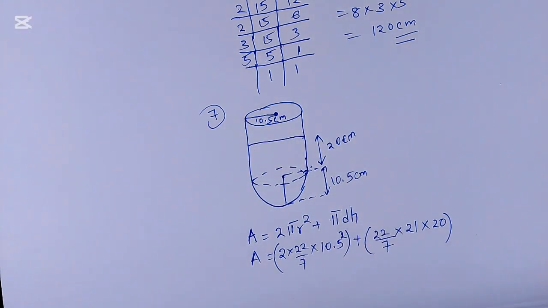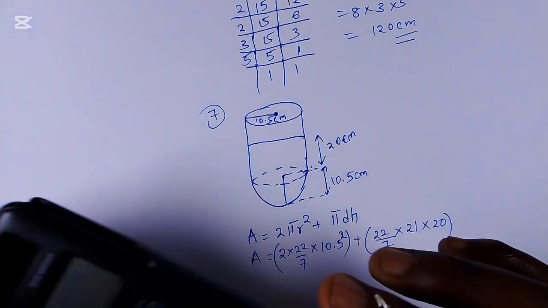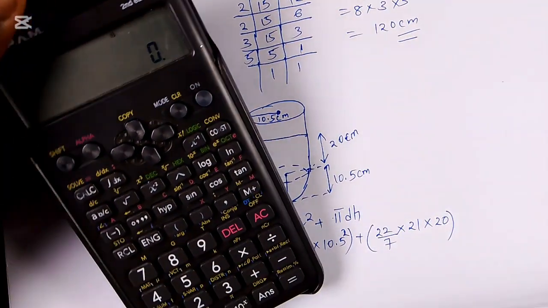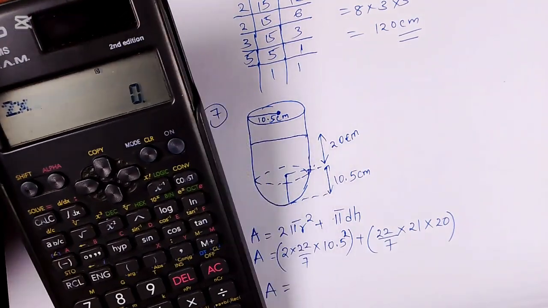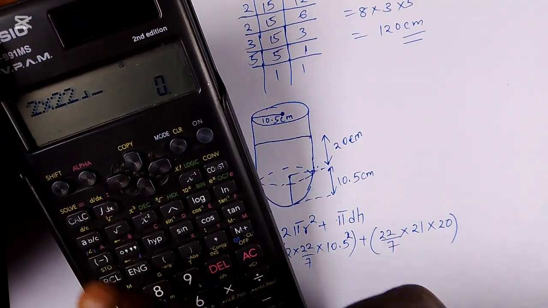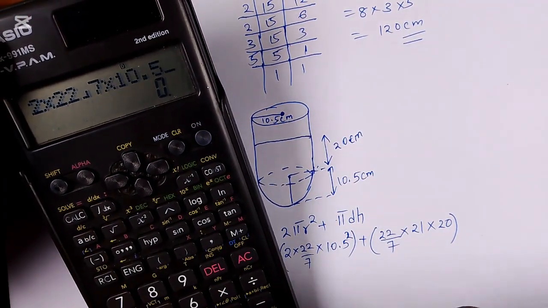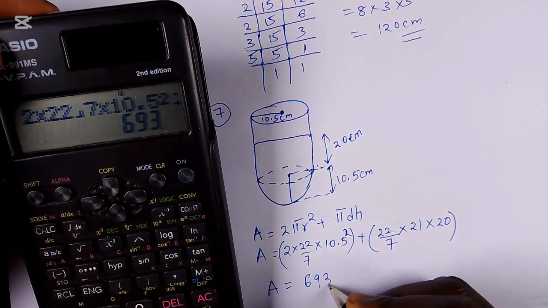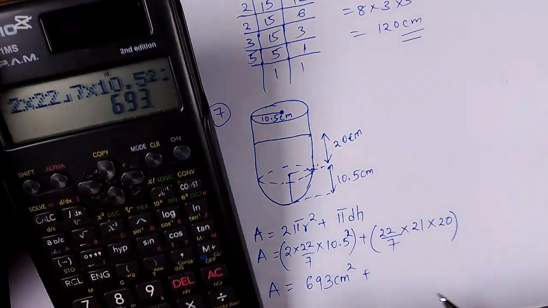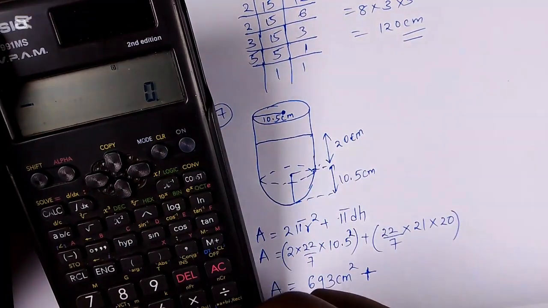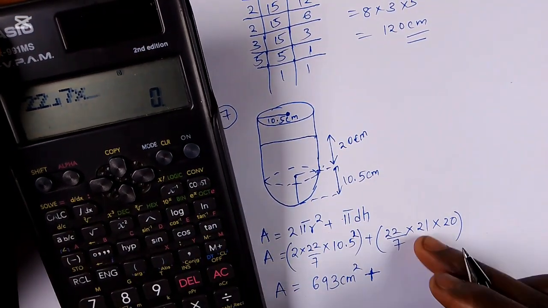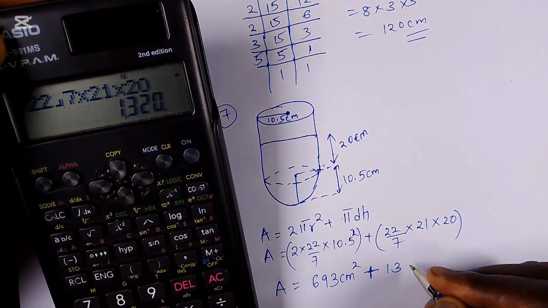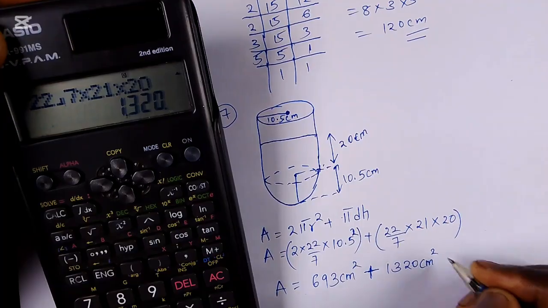That is pi dh. And by doing that, when we solve the first part, we will have area is equal to 2 times 22 over 7 times 10.5 squared, which will give us 693 centimeters squared, plus the second part, which will be 22 over 7 times 21 times 20, that will give us 1320 centimeters squared.